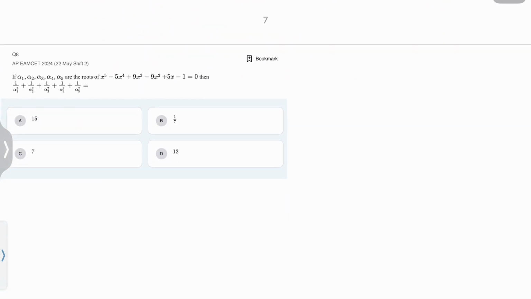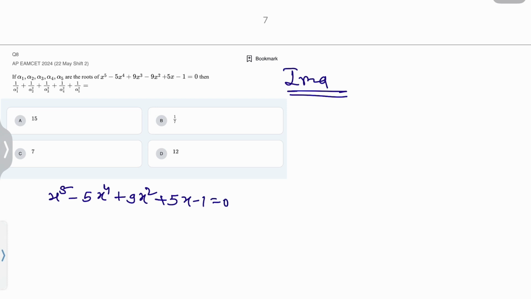Question number 8 is also a very interesting and very important question. Sometimes a question is given in APCET, and every teacher and student solves the whole question, but you can just use one tricky method. How to use it? Given that 5x power 4 plus 9x square plus 5x minus 1 equal to 0, and the roots are given as alpha 1 to alpha 5. Okay, all the roots.